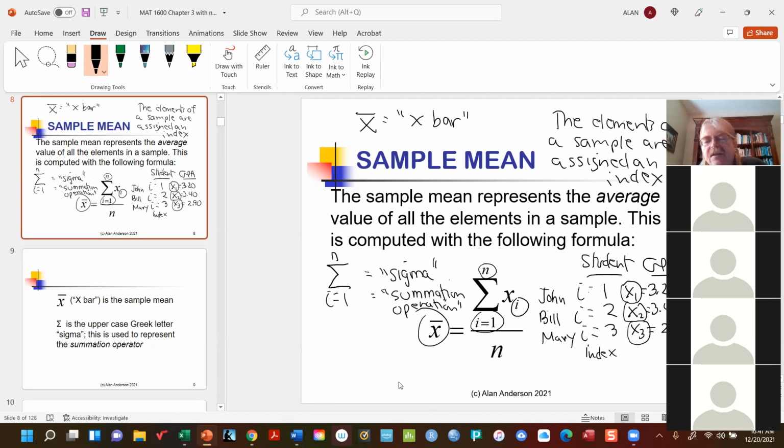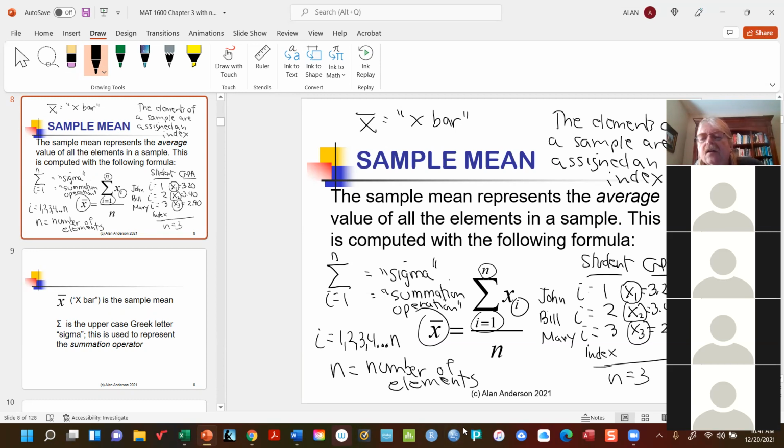That means the index that we'll use is I, which will start at 1, go to 2, 3, 4, all the way up to n, where n is the number of elements in the sample. So if we have 10 elements in our sample, then I ranges from 1 to 10. In other words, everybody gets a number. In this case, n is 3 because there's only 3 students in our sample.